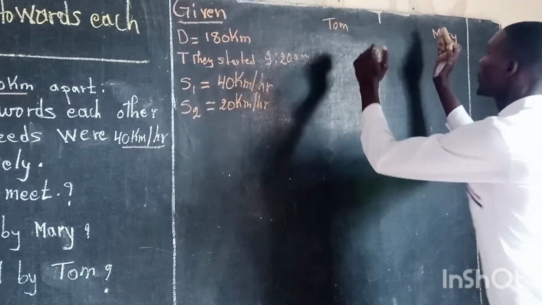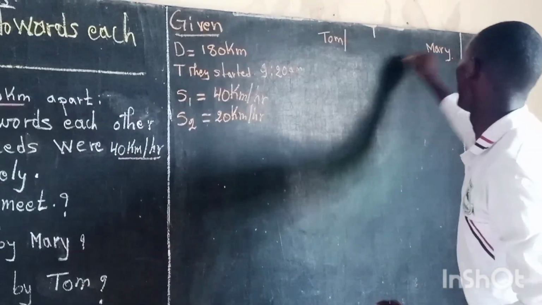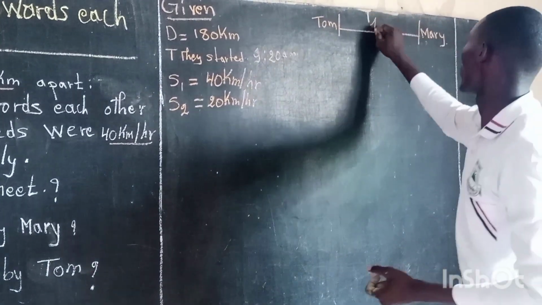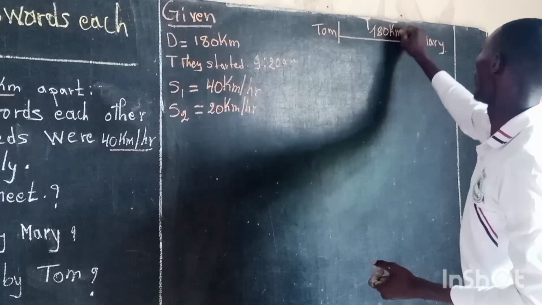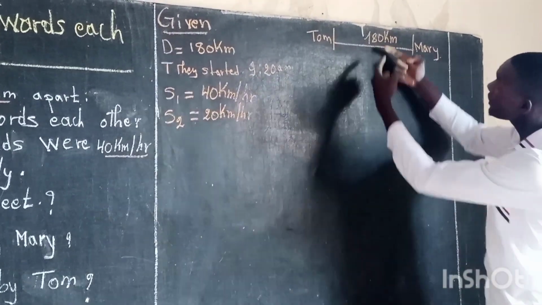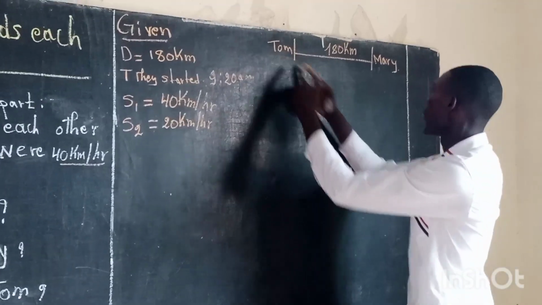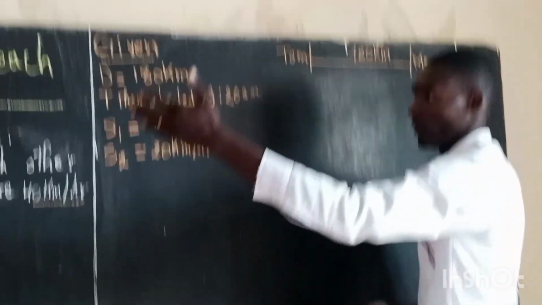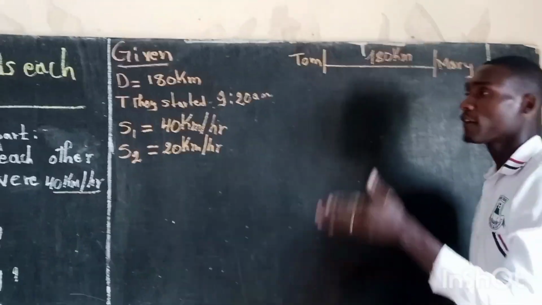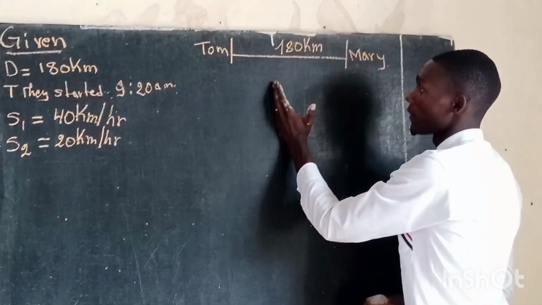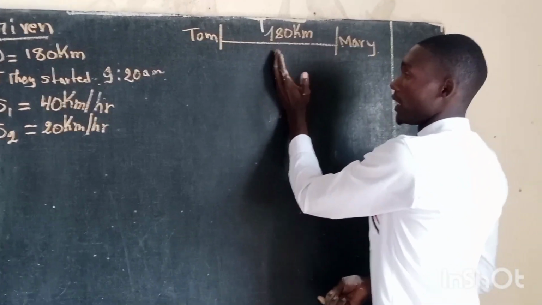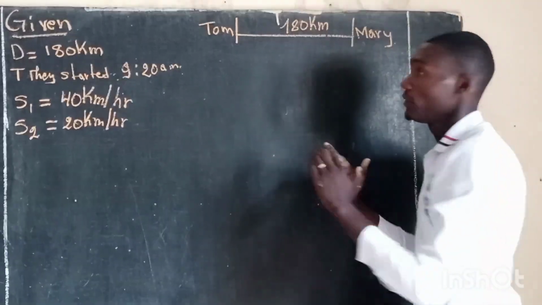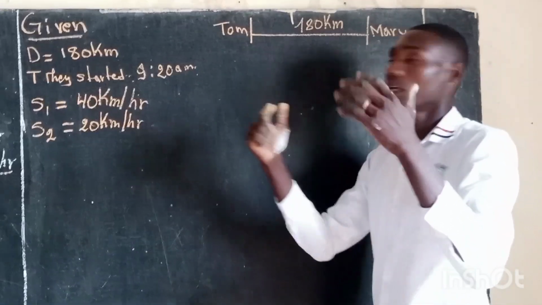If it is apart, it means that between Tom and Mary there are 180 kilometers. This is the distance between Tom and Mary. And as I told you from the first, we should have the common distance. It means that this is the distance that Tom is going to move and Mary also moves. So that's why we call it the common distance.